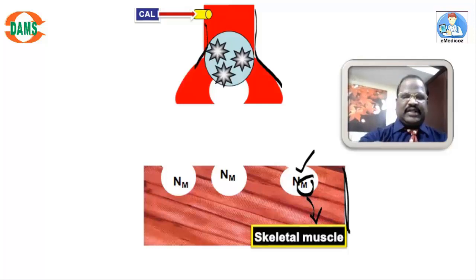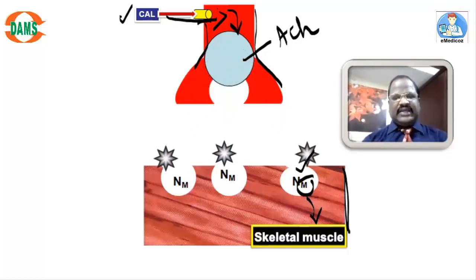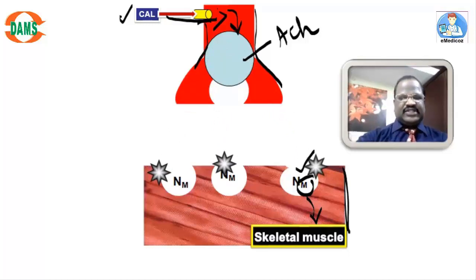In the neuron, there is a calcium channel. Whenever the calcium channel opens, calcium entry occurs. Once calcium enters, it pushes the vesicle containing the neurotransmitter ACH, acetylcholine. So when calcium enters, the vesicle is pushed down and ACH gets released. The released acetylcholine acts on the NM receptor, causing skeletal muscle contraction.